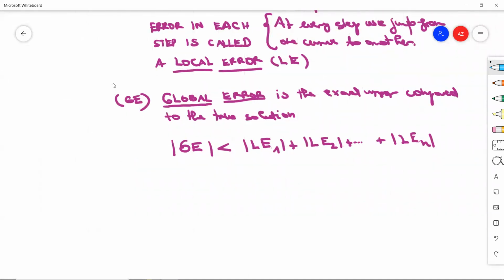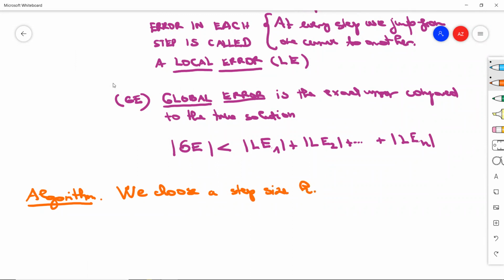So what's the actual algorithm for the Euler method, which is very easy? Algorithm. We choose a step size, h, and we repeat the procedure.